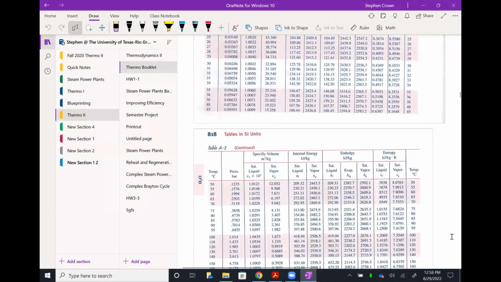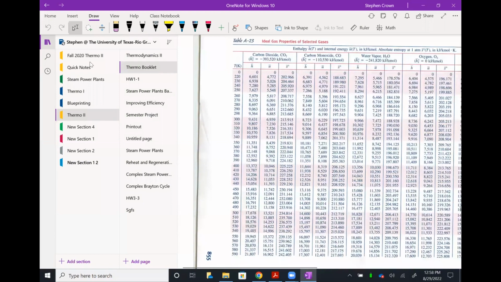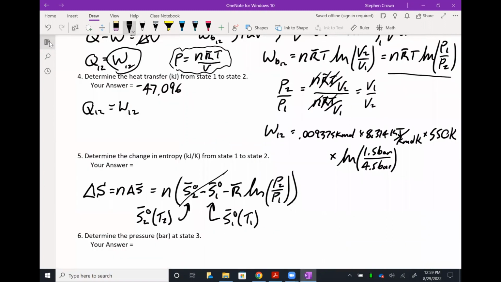And when we look it up again at 550, it's still 223.576. So S naught at state 2 and S naught at state 1 are the same, so those terms will cancel. The difference is 0. It's just 223 minus 223.